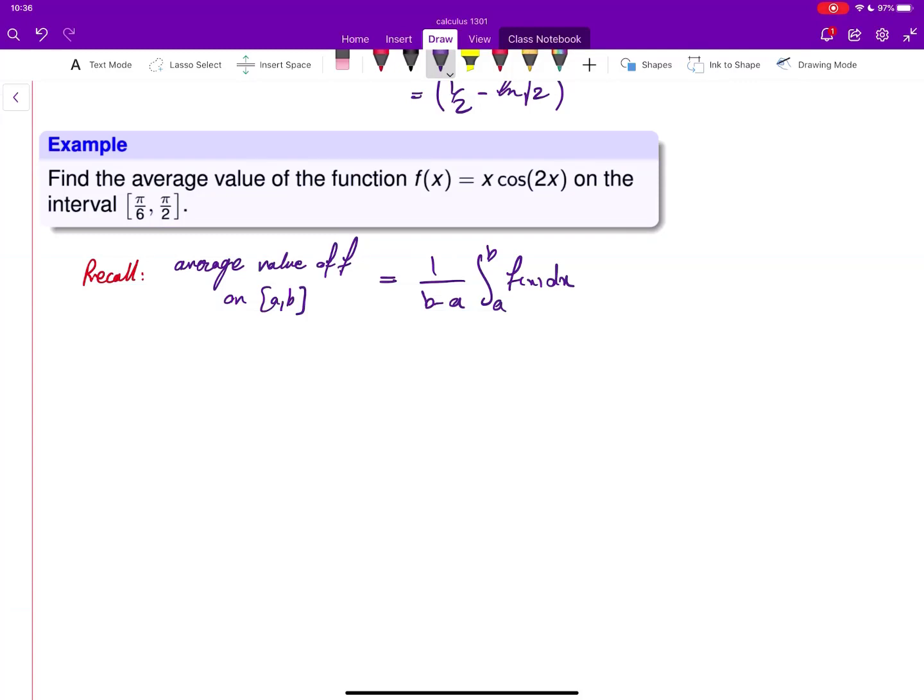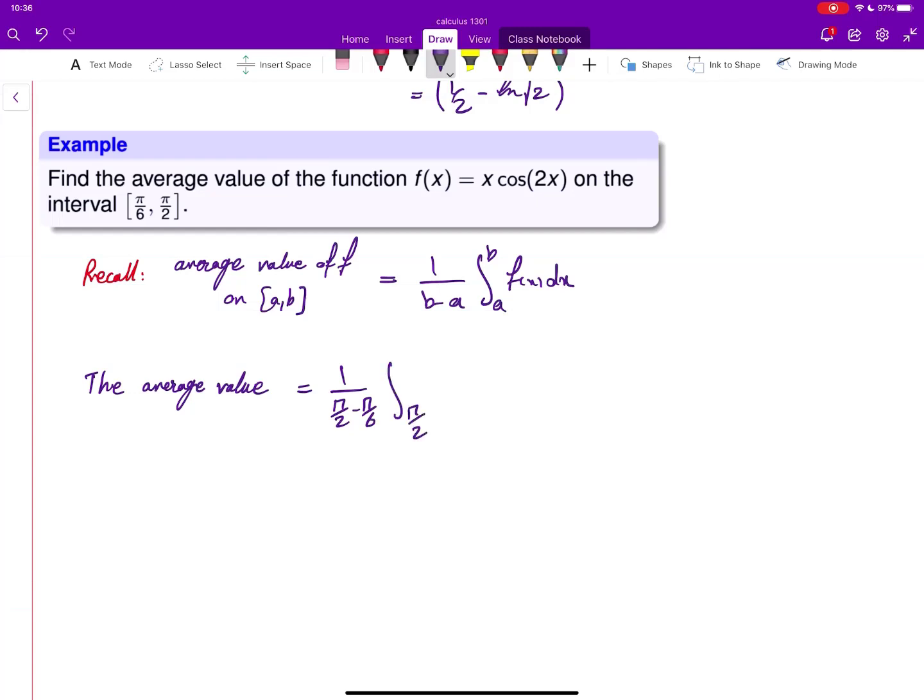So for us, in this case, the average value, or the value that we are trying to find, will be 1 over pi over 2 minus pi over 6. That's the length of the interval.